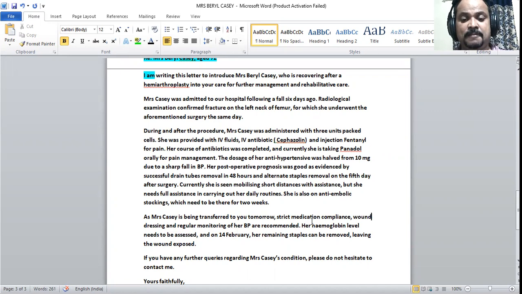Strict medication compliance, wound dressing, and regular monitoring of her BP are recommended to continue.